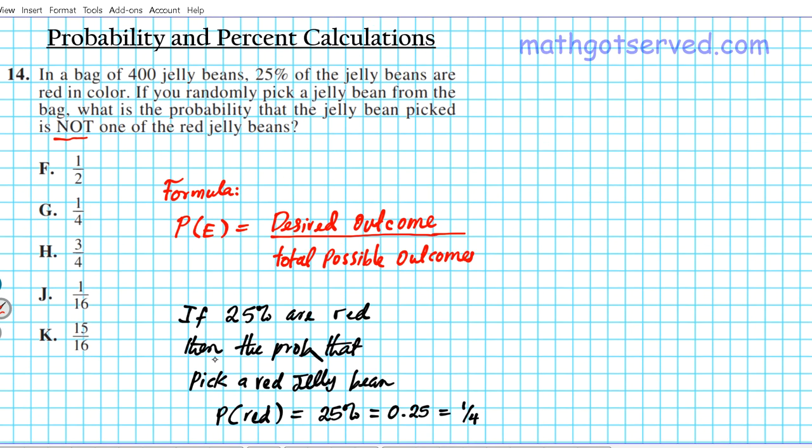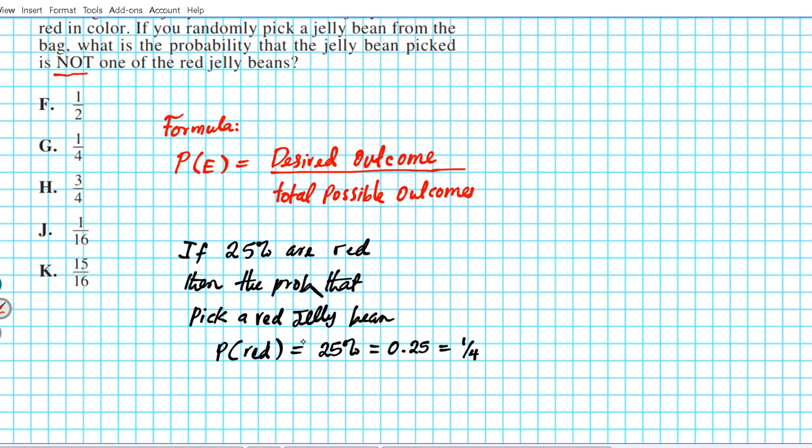Since those are the only two outcomes we're looking at, it is simply going to be 1 minus 0.25, or you can say 1 minus 1/4. They're both the same thing. Okay, so 1 minus 0.25 is 0.75, and 1 minus 1/4 is 4/4 minus 1/4, which is 3/4. Okay, so that's one way of doing it.